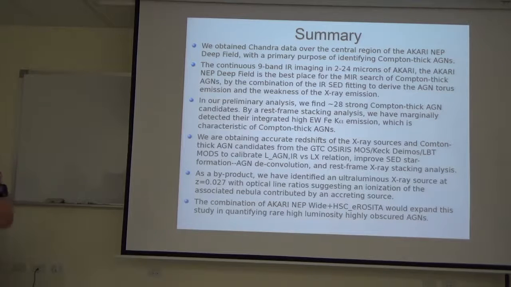So I'm really eager to try out the result of a newer SED fitting to check the stability, and then we are doing optical spectroscopy. Also, we have a lot of expectations on the AKARI NEP-Wide plus HSC and eROSITA combinations. Okay.